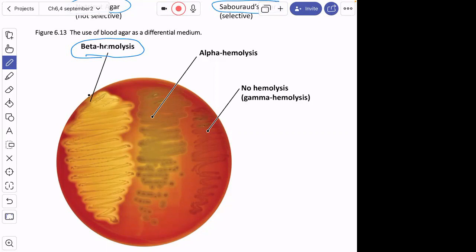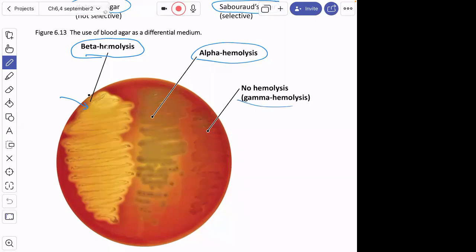The media, you can see, turns pretty yellow. All that red color is cleared. You can see right through the medium. Some organisms have enzymes that only partially lyse red blood cells. They don't release all the hemoglobin, so it gets a little bit lighter, but also a little greenish tone because of that hemoglobin. And then some organisms can't lyse red blood cells at all.